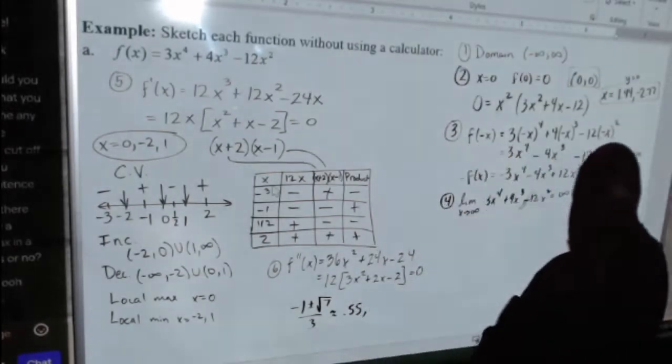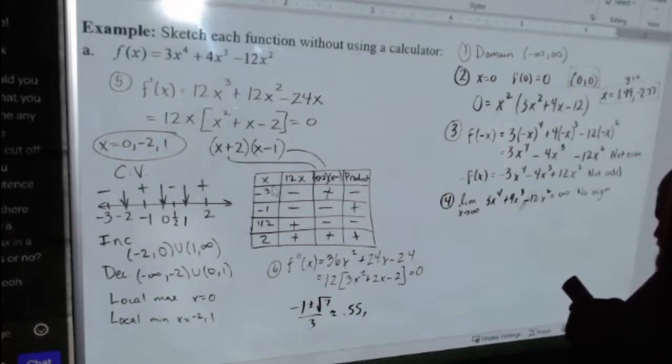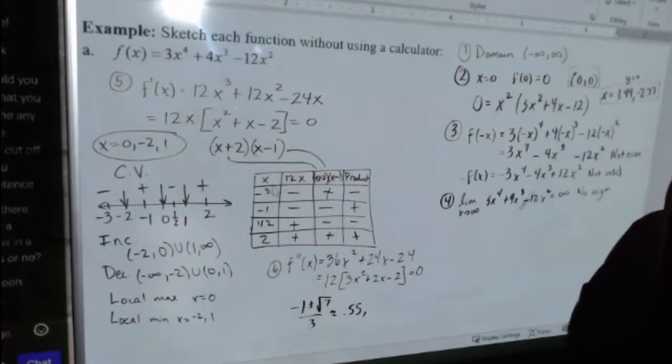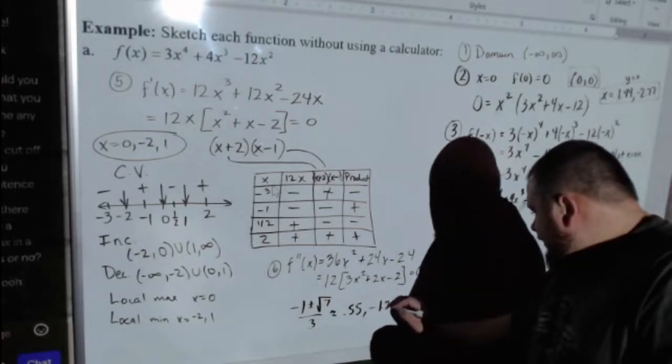That's for the plus. And then the negative is approximately -1.22.